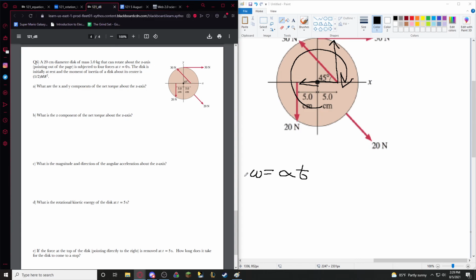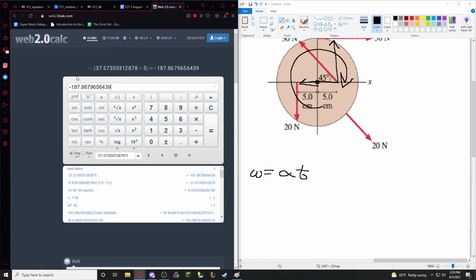And then how do we go from that to the rotational kinetic energy? Oh, then we just multiply 1/2 of our inertia times our velocity squared. Exactly. Times 0.5.